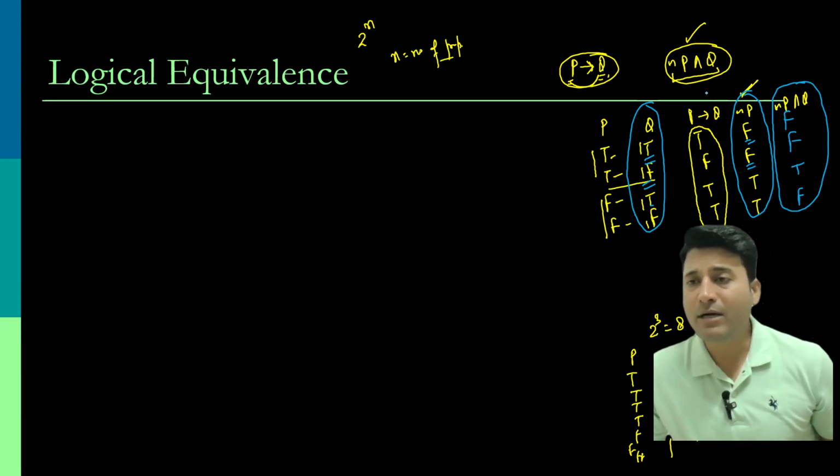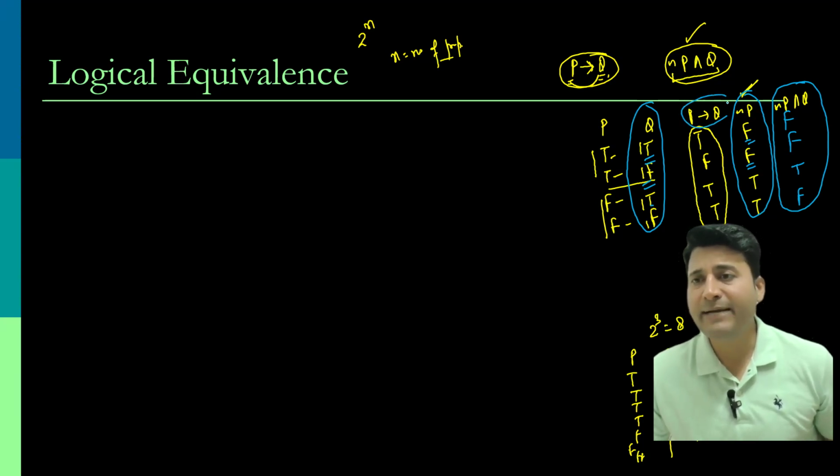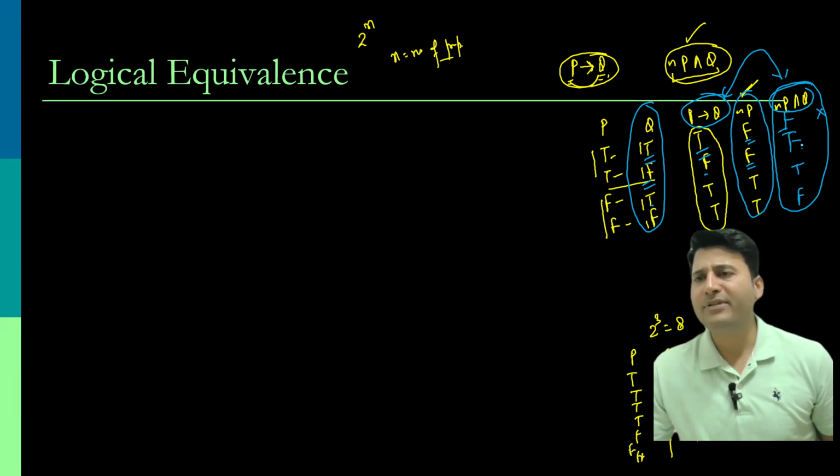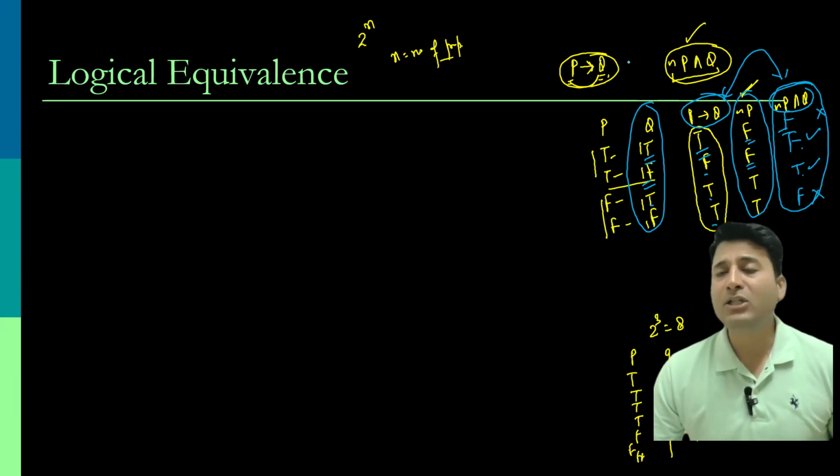So I want to compare between what? This one, P implies Q, and this one. So do they come out as identical? This is T, this is F. Not same. This is F, this is F, same. This is T, same. This is T, this is F, not same. So we'll say they are not logically equivalent.